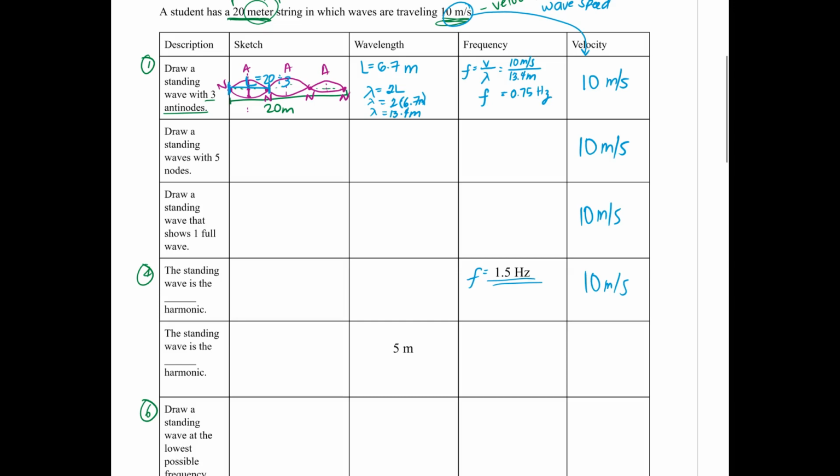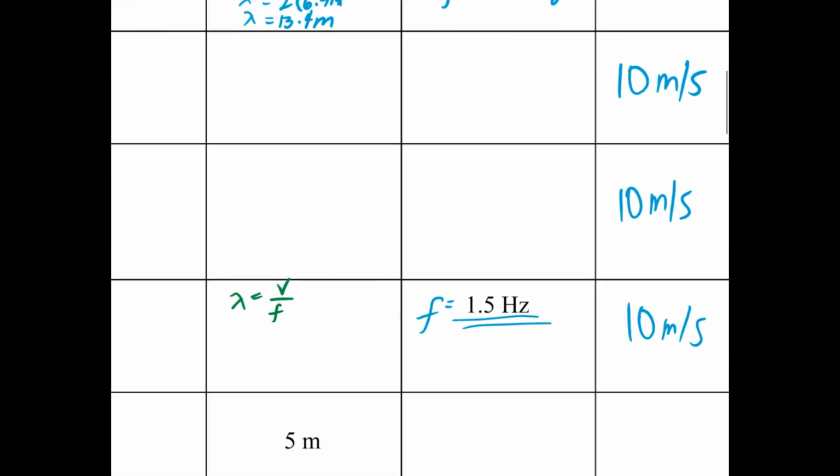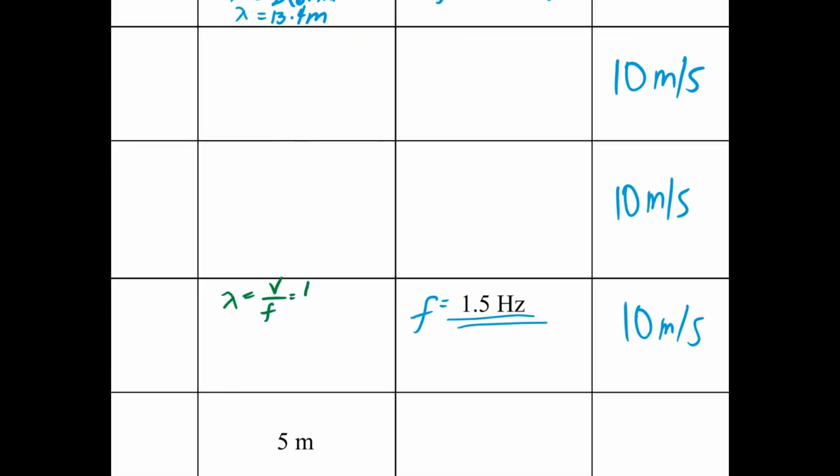Our wavelength is equal to our velocity over frequency, which is 10 meters per second over our frequency of 1.5 hertz.